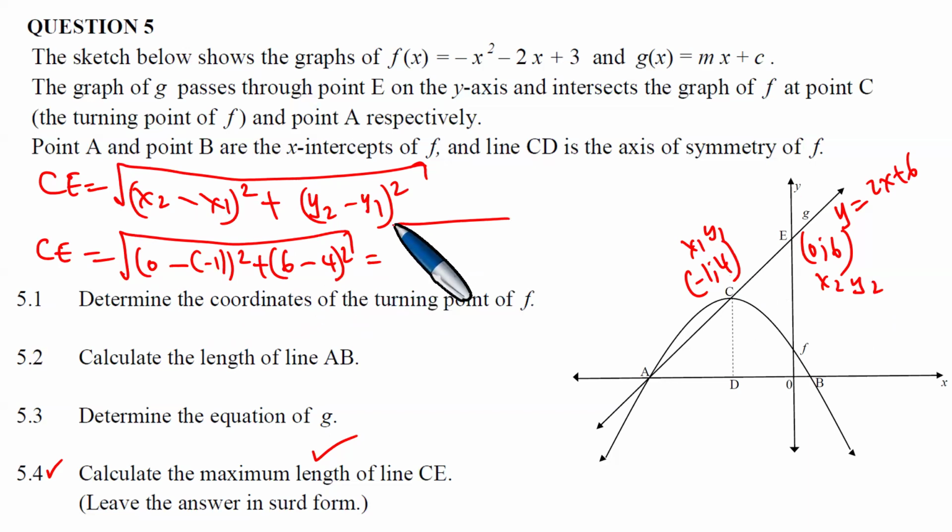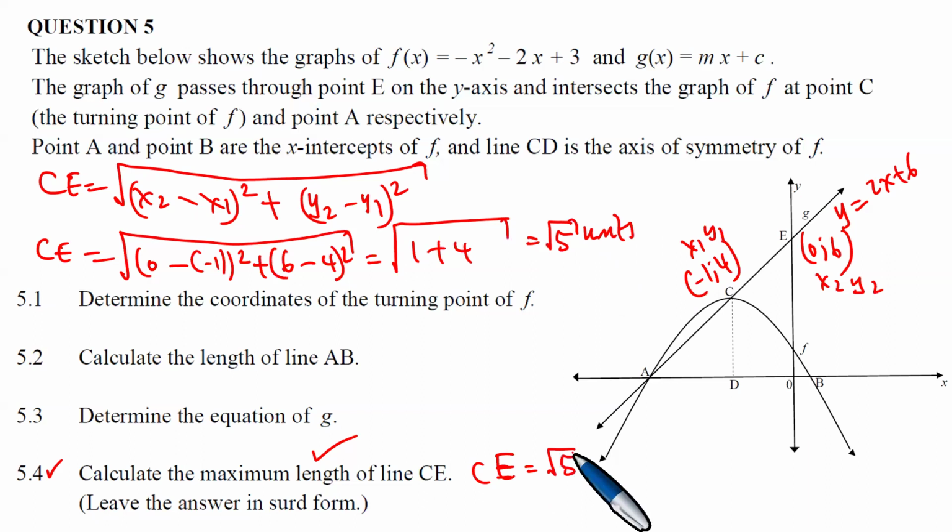That is 1 squared, and 6 minus 4 is 2 squared, which is 4. So this is the square root of 5 units. That is CE.